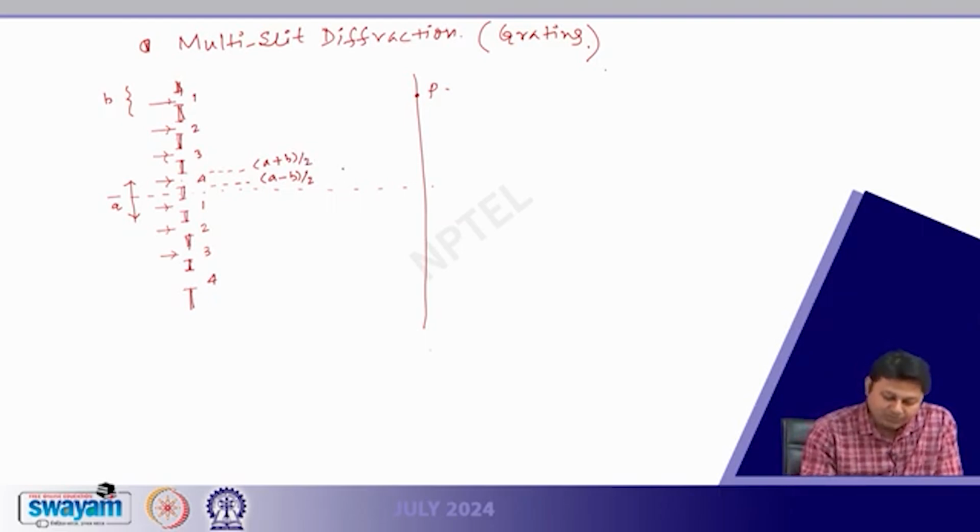Now, we go further to this level, and it should be A plus B by 2 plus A, and that is simply 3A minus B by 2, and so on.